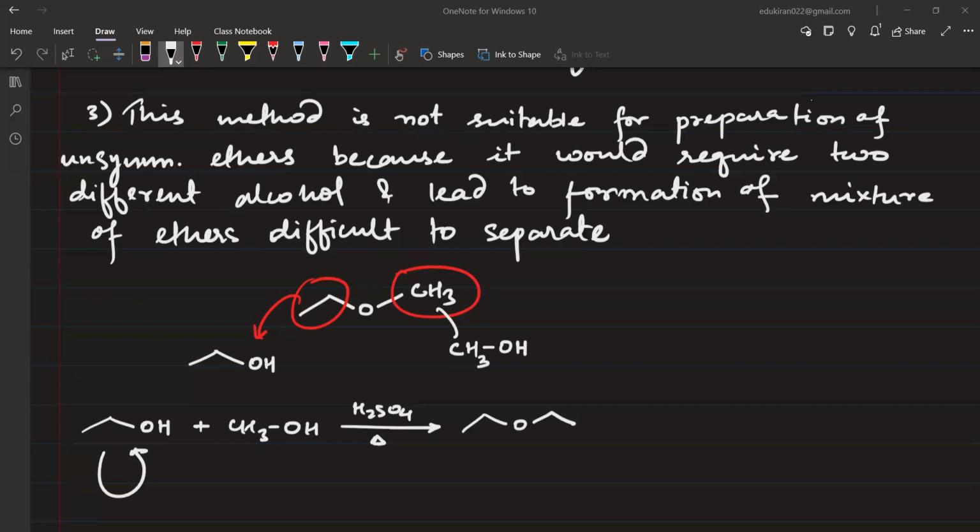So for sure, there will be some ethyl alcohol which will never meet the methyl alcohol, and they will react with themselves, forming diethyl ether. Agreed? Make sense? Yes, sir. Similarly, there will be certain methyl alcohols that will never meet the ethyl alcohol and they will react with themselves, leading to formation of dimethyl ether.